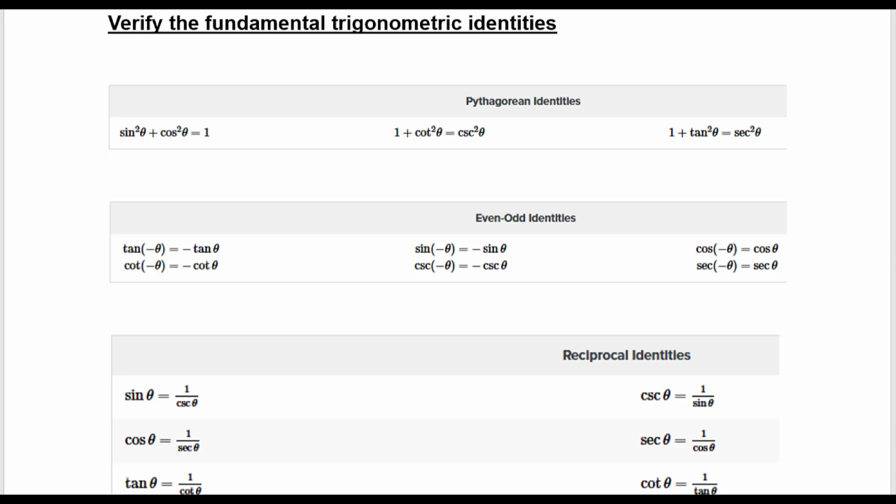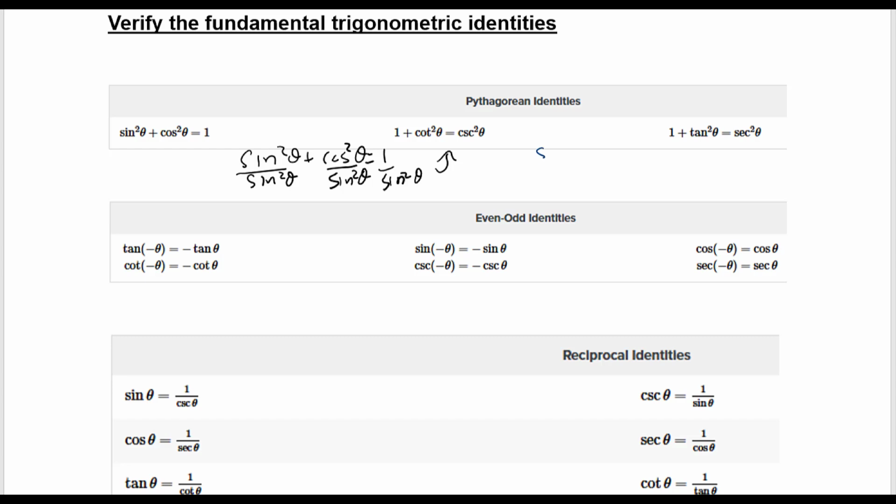And then if you take sine squared theta plus cosine squared theta equals 1 and divide everything by sine squared theta, you get this one up here: 1 plus cotangent squared theta equals cosecant squared theta.